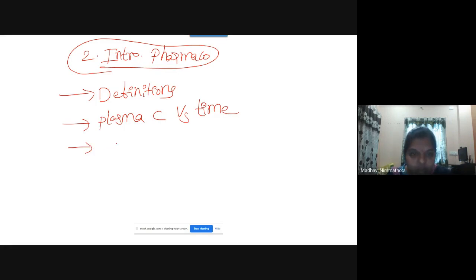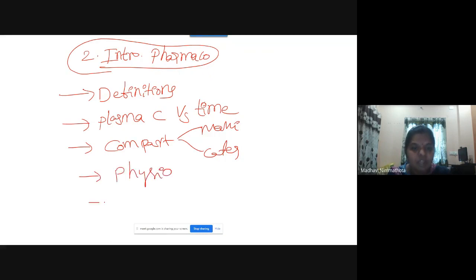Okay. Then you have to learn compartment models, mammillary and catenary. And then you have to learn physiological models, and then non-compartmental analysis.